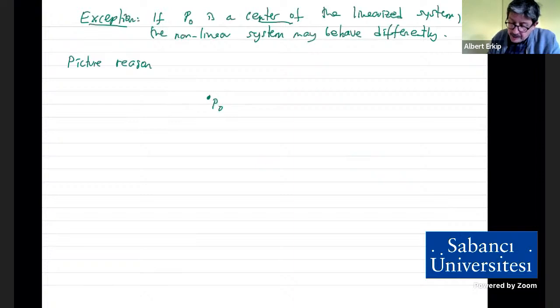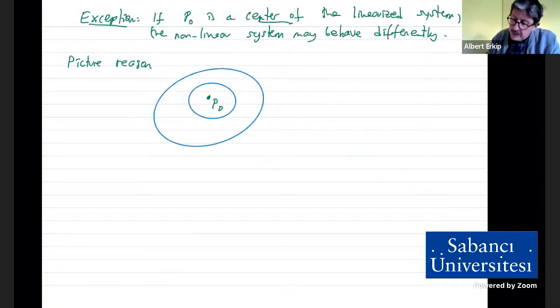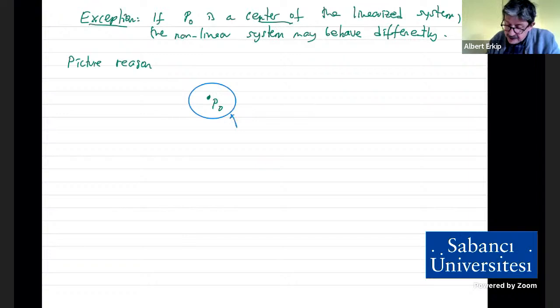Okay, let me make good pictures. One is enough. This is the trajectory of the linearized system.